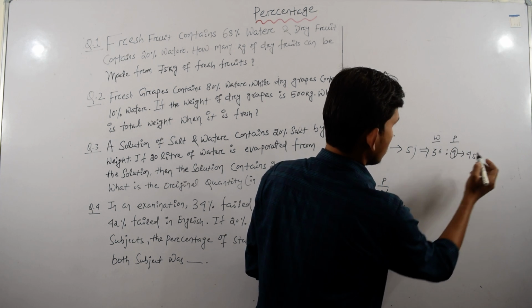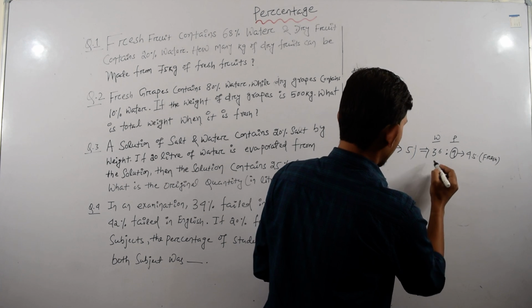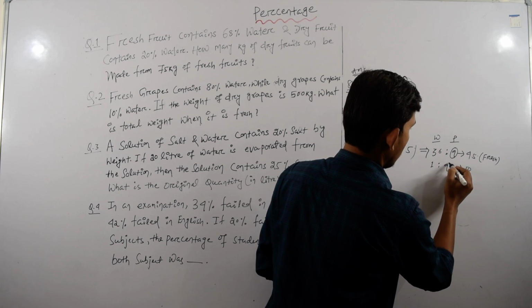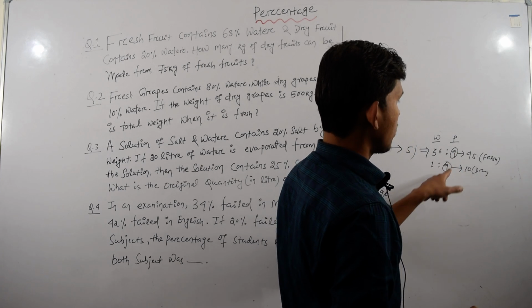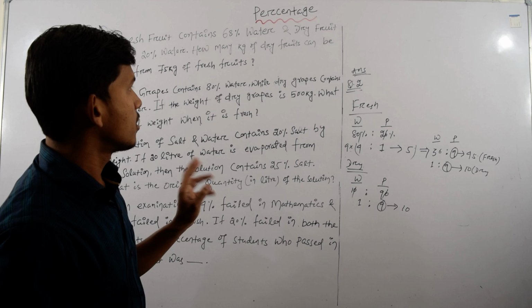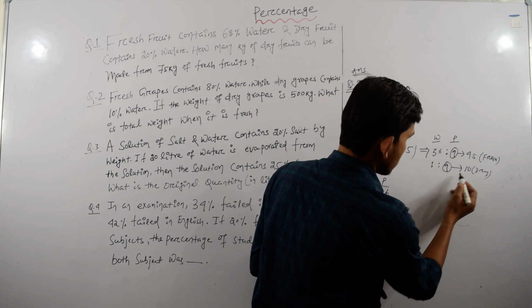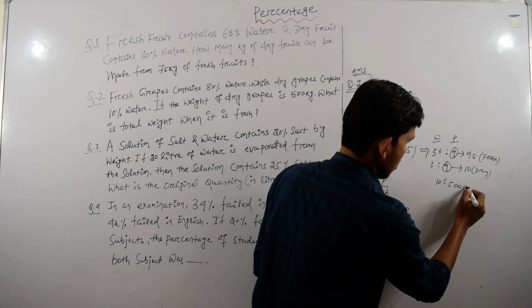Okay, and this is the fresh. Here 1 is to 9 is 10. Okay, this is the dry. As you can see, the 9 becomes equal in both the grapes. Okay, here the question is that the dry grapes is 500 kg. That means 10 parts is equivalent to 500 kg.